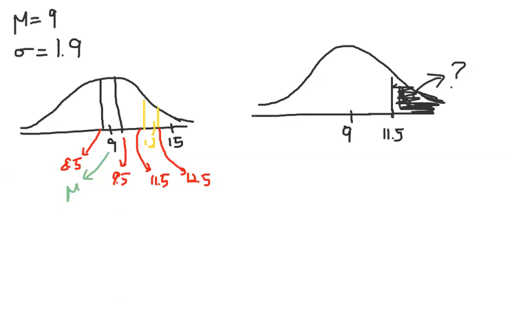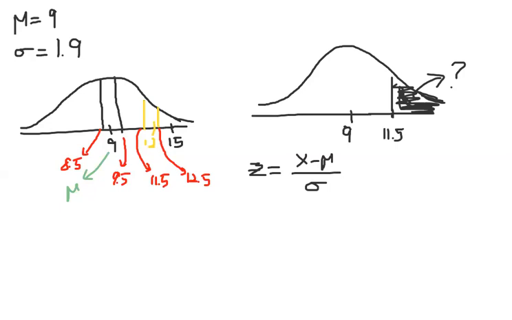How are we going to find that area? As we already know, z can be calculated using x minus mu divided by sigma.